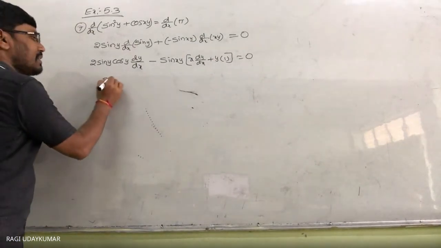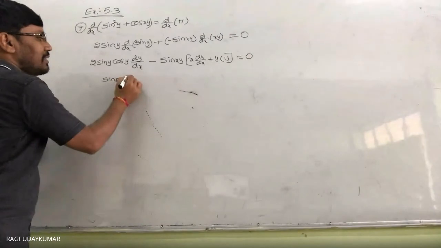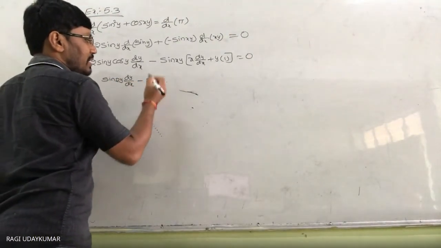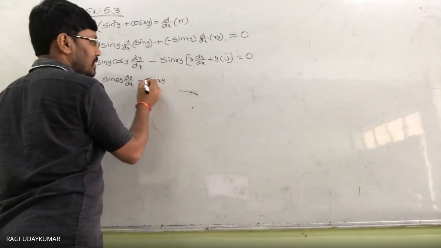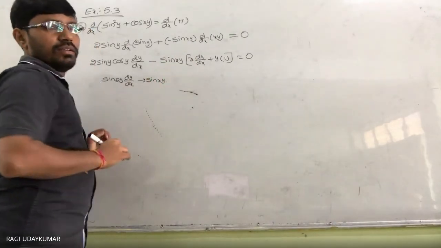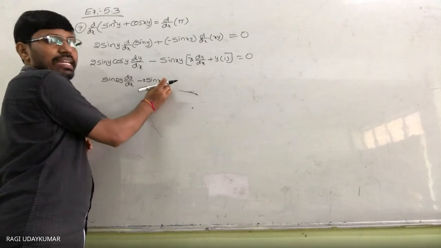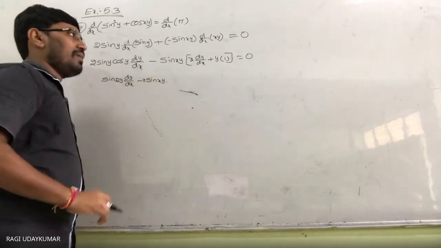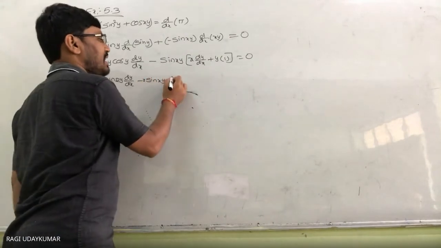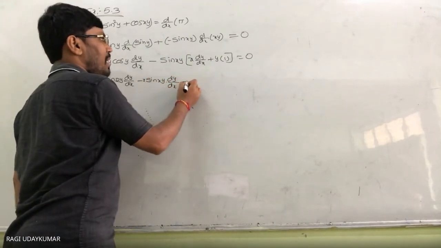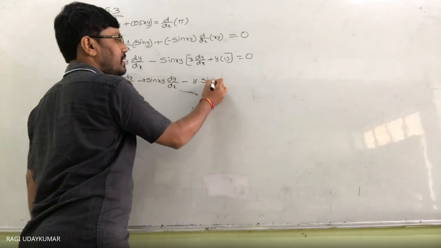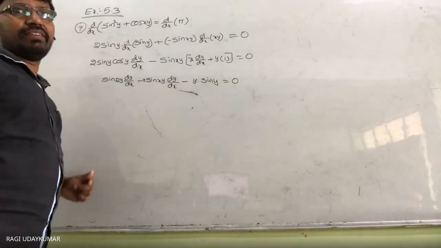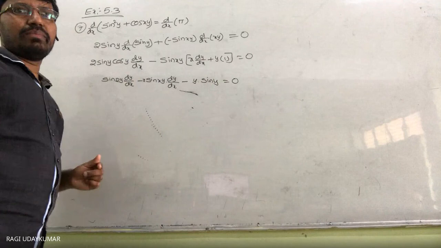So you can write here sin 2y dy by dx minus sin xy. Don't write x here as the sin argument separately; sin xy is an angle, and if you write x here, x also will become the angle. So x sin xy dy by dx minus y sin xy is equal to 0. Wherever you have the terms with dy by dx, take the common here.